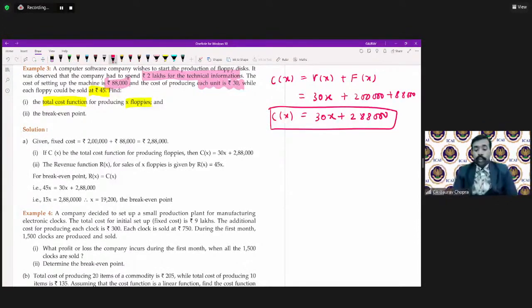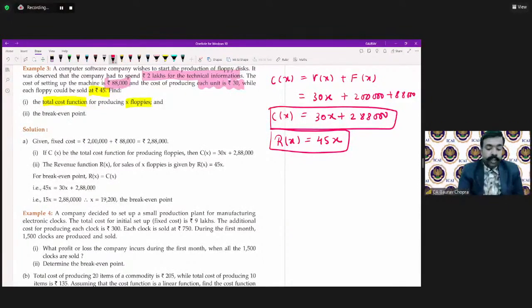Now it can be sold. The floppy can be sold at rupees 45 per unit. So the total revenue will be 45 multiplied by x, 45x. This is the revenue. So these two are the equations. Now the question is asking about the break-even point. What is the meaning of the term break-even point?